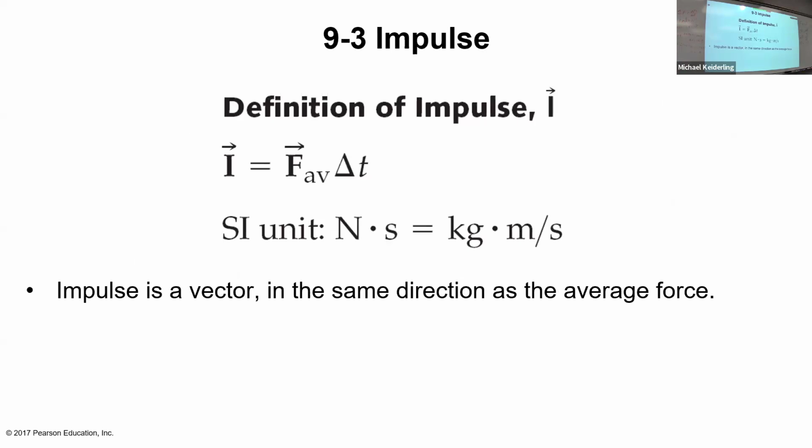So this force times delta t, we define this as impulse. Impulse is the average force times the time over which it's applied. And impulse is also equal to change in momentum.